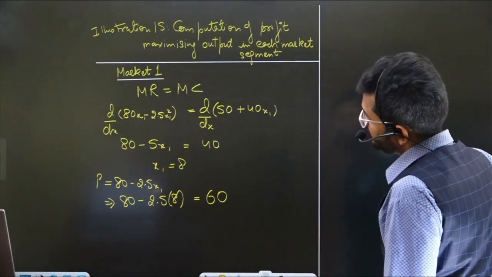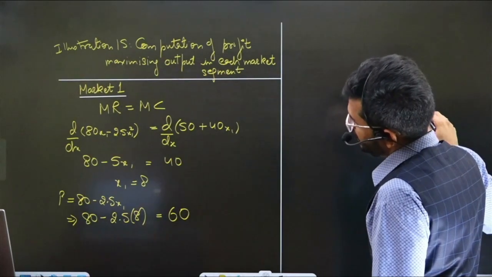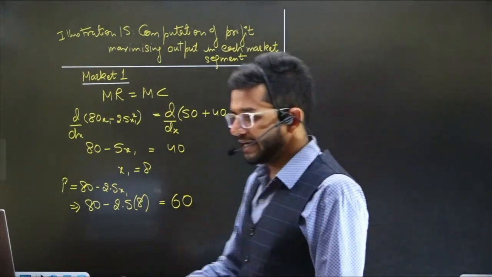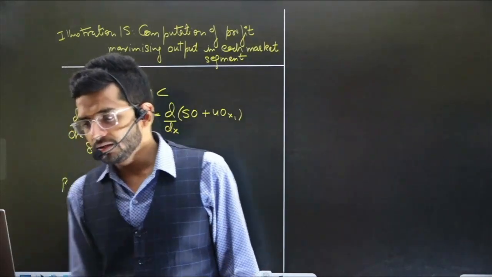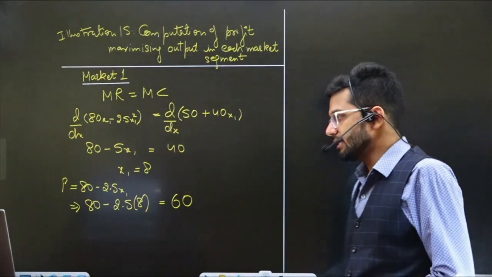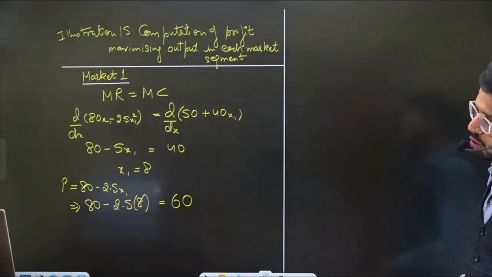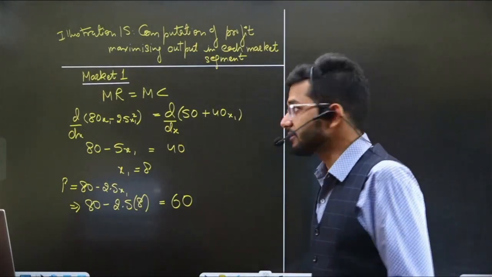So in market 1, the price should be 60 and the quantity sold should be 8 units. This we have computed for market 1.